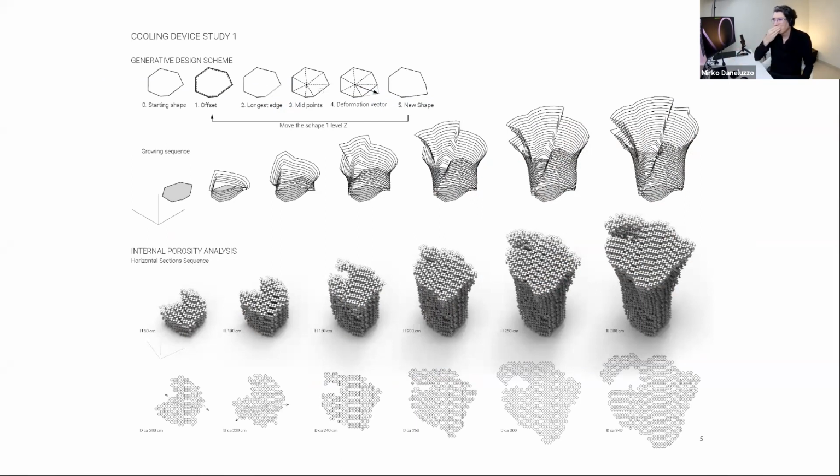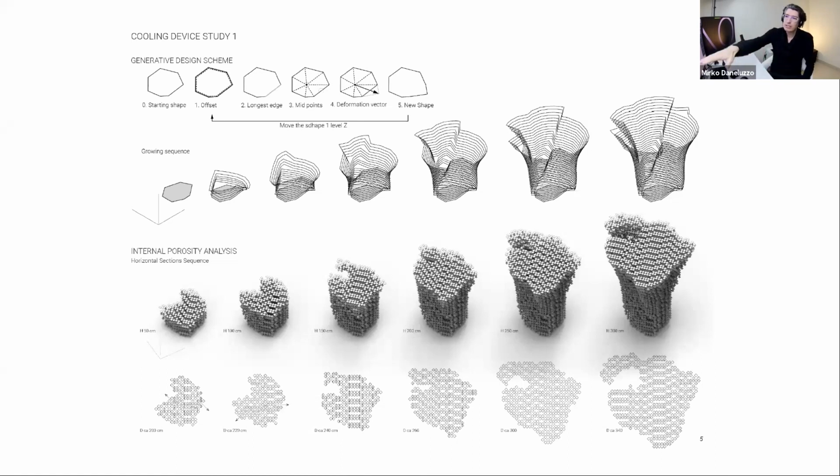They have a specific configuration, but with the same genotype that is creating the object. So we set up a simple algorithm that grows layers on top of each other, and these layers distribute modules in a way to obtain a porous volume.